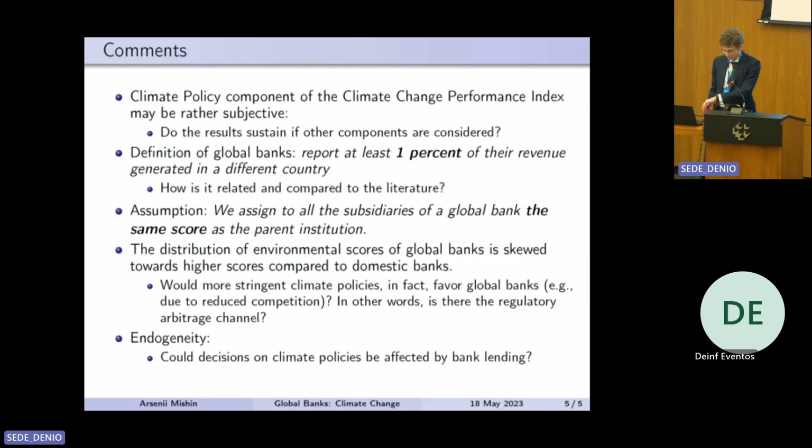And the final point is about endogeneity. It's maybe a general issue that might be present in this kind of empirical exercise. Is there reverse causality? In other words, could decisions on climate policy actions be affected by bank lending?